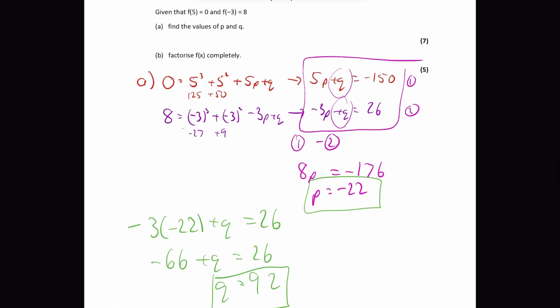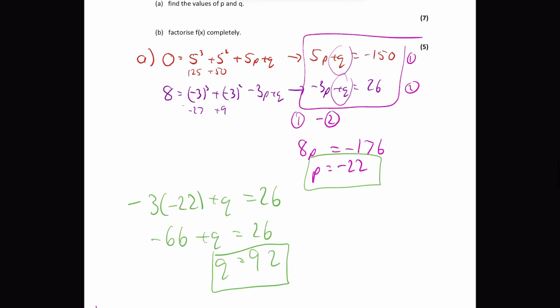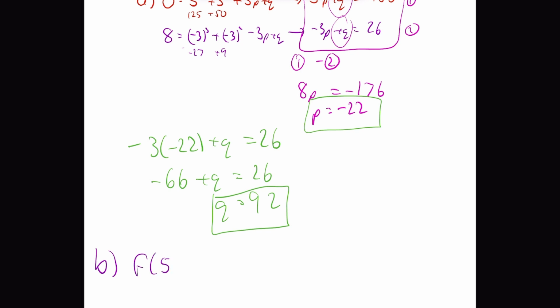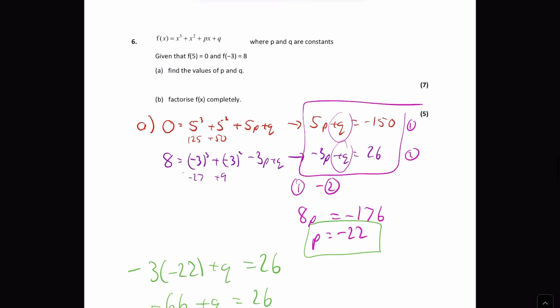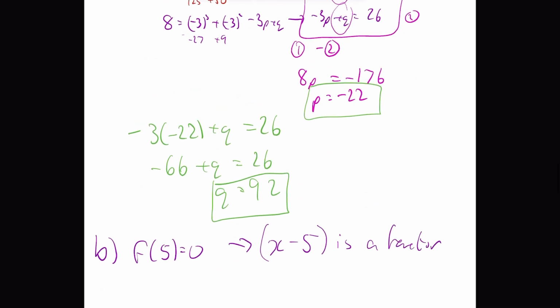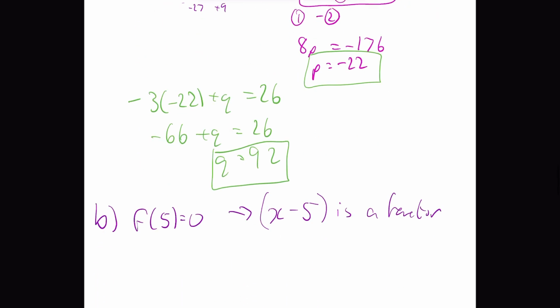It says factorise it completely. Now this is where the factor theorem comes into play, because if f of 5 equals 0, that means x minus 5 is a factor. So if we divide this equation through by x minus 5, we should be able to factorise it.